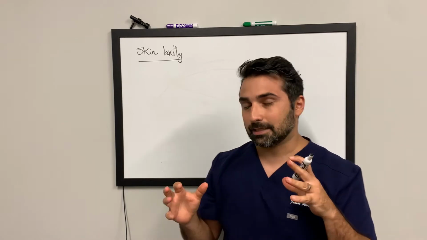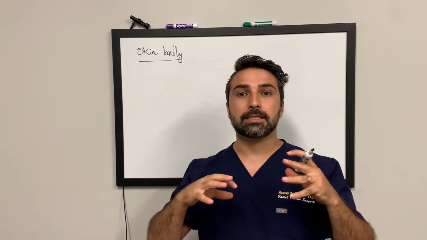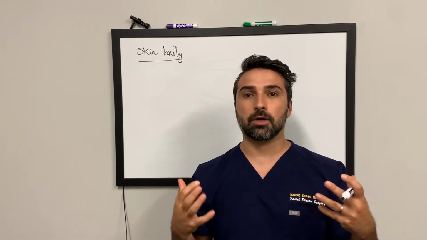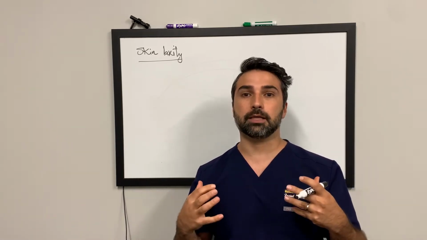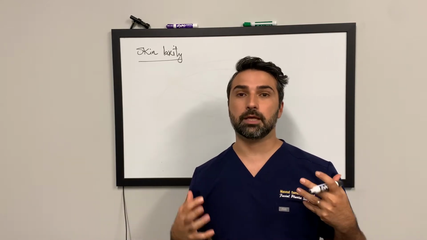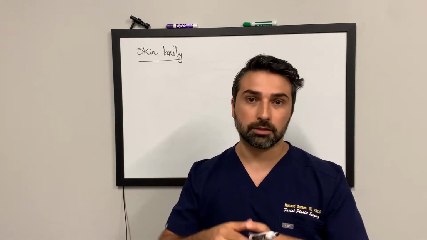And just as a side note, a facelift also is a whole umbrella term. It's not just one thing. A facelift could be applied to the eyelids, in which case we call it a blepharoplasty. A facelift could be applied to the forehead. It would be called a brow lift.